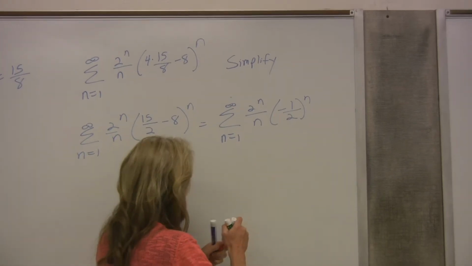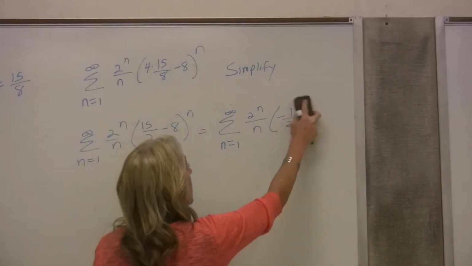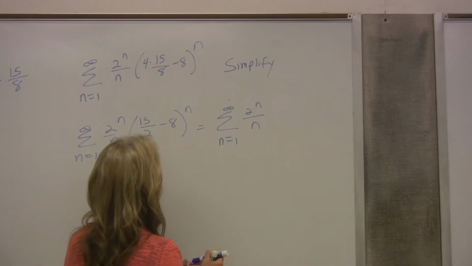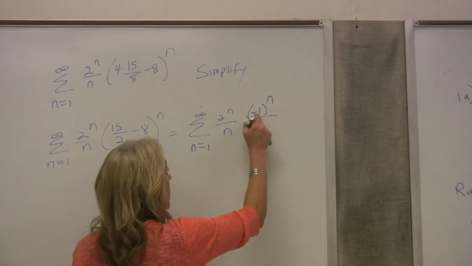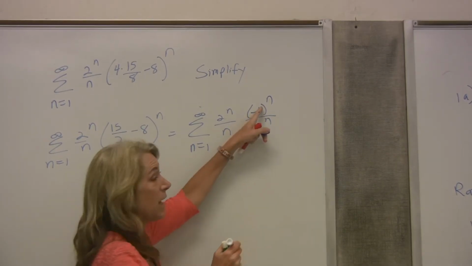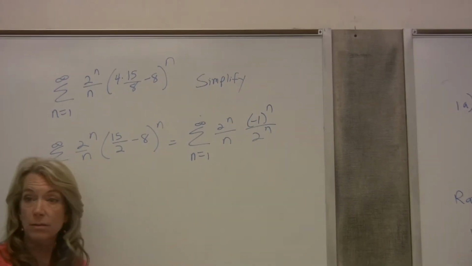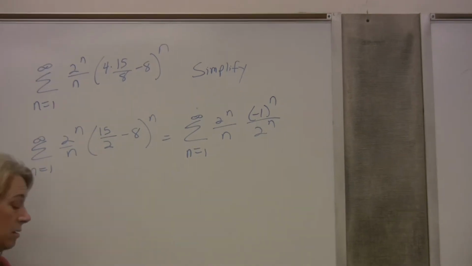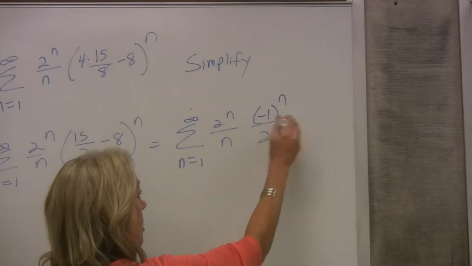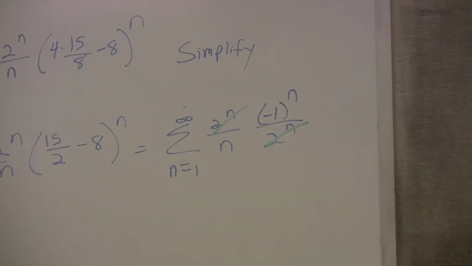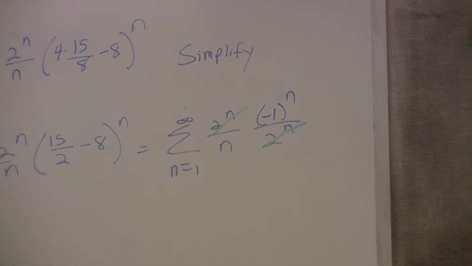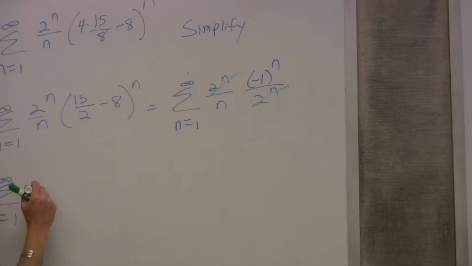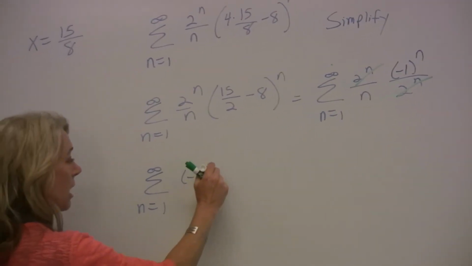I'm going to write this separately this way so you see it better. Negative 1/2 to the n is really the top, the negative 1, and the bottom, the 2. Just do the top and bottom separately. So those are gone. So I've simplified all the way down to this series here, which is negative 1 to the n over n.